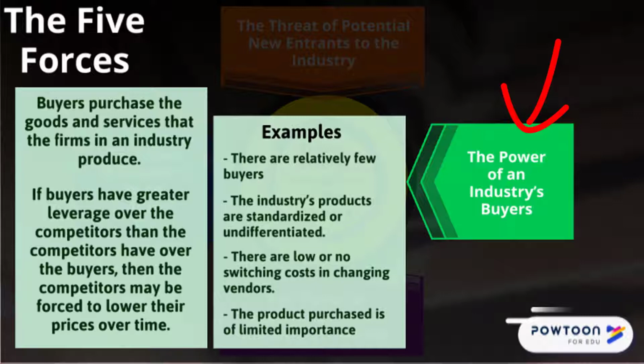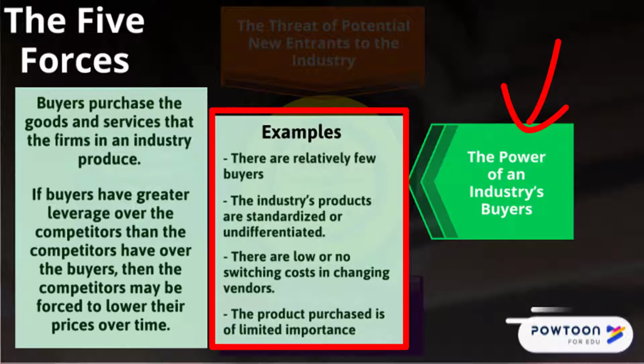So the balance of power between buyers and the companies selling the products is very important. If you have very few buyers and lots of companies selling products, those few buyers have a lot of power. But on the contrary, if you have a lot of buyers and few companies, the buyers have to accept the prices of the company, and that's complicated.